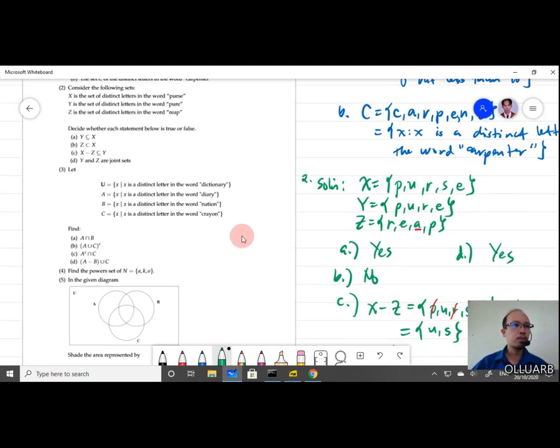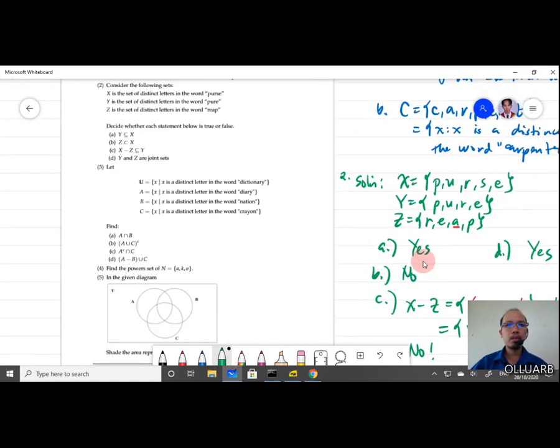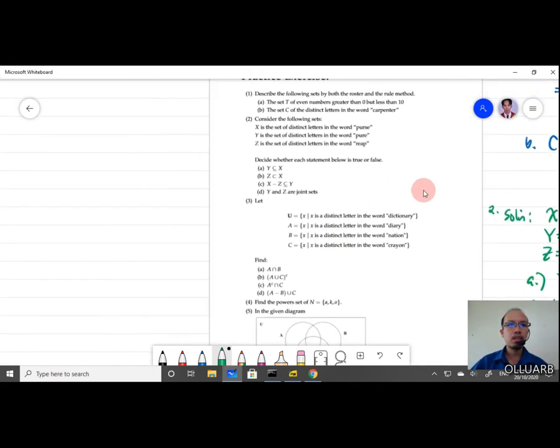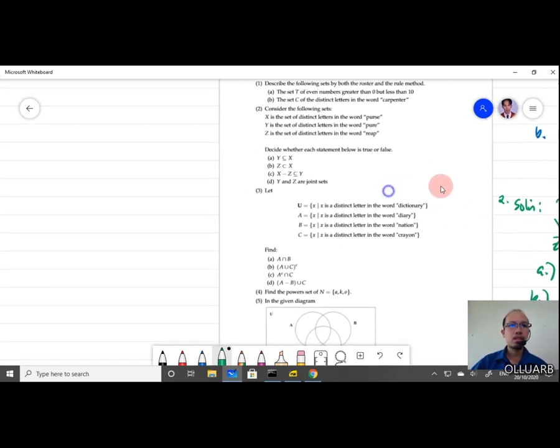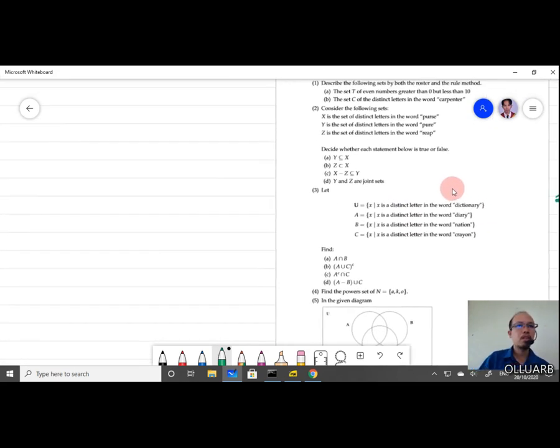Okay, that's number 2. For number 3, again, convert all these sets to roster method first.